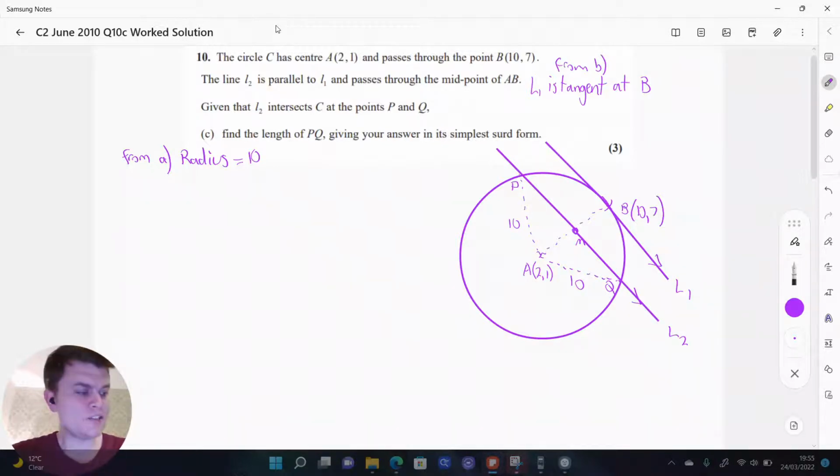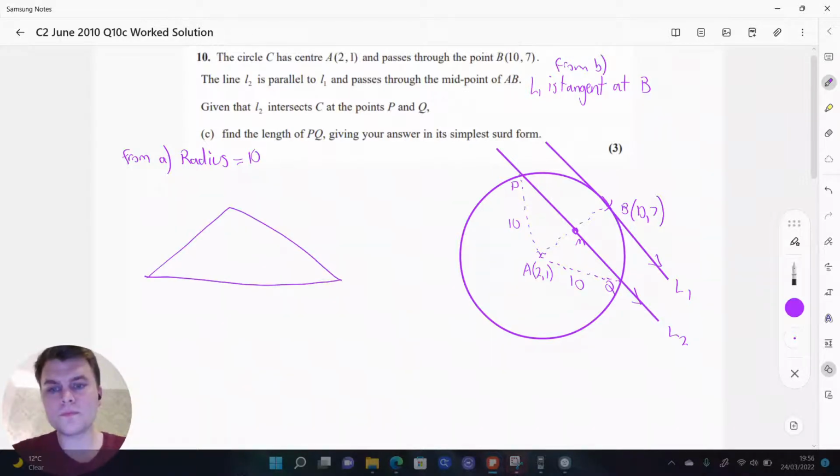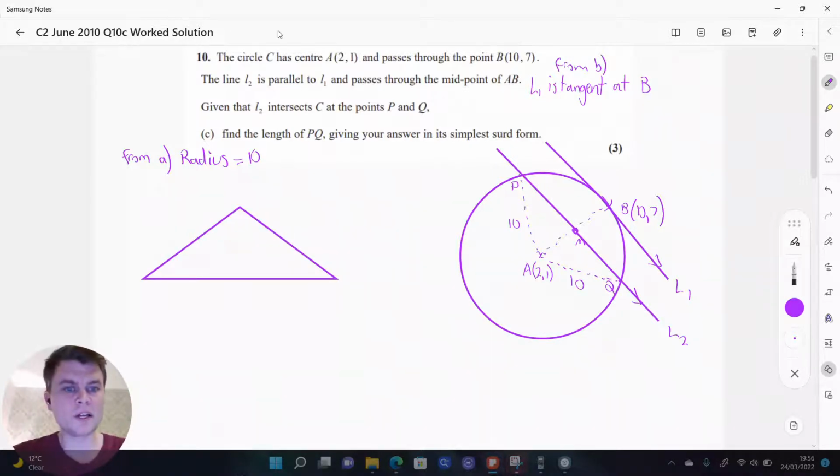So to prevent us from getting too muddled, let's take this triangle here and redraw it in a way that we can manage. So there is my triangle, and we will label it with the points that we have. We have A, which is at the top, and that is at 2, 1.